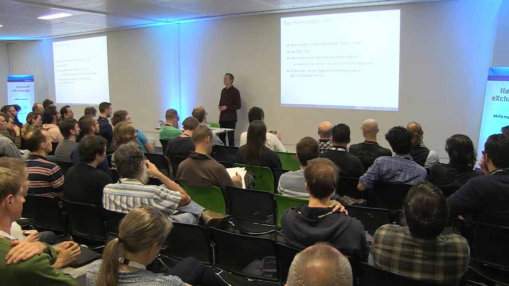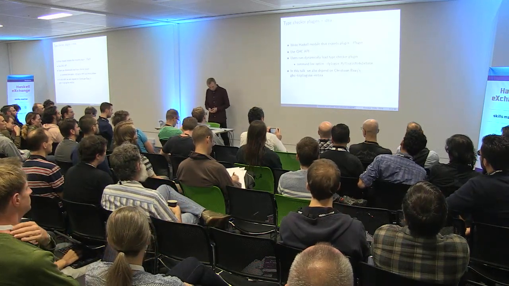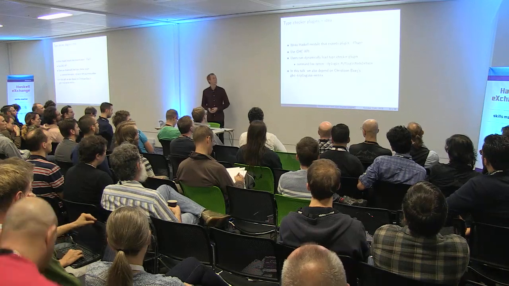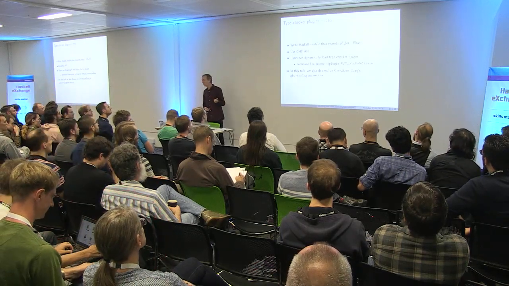So what do you have to do to write such a type checker plugin? You write a Haskell module, unsurprisingly, and you use the GHC API.